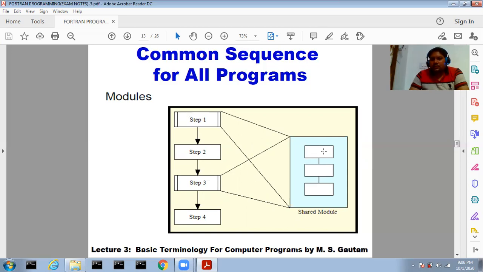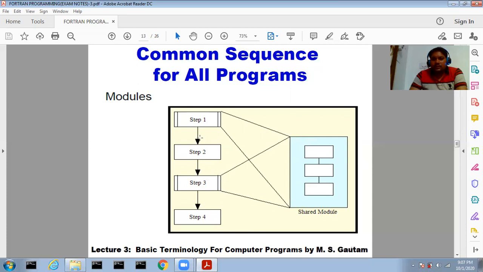The module is common for step 1 and step 3. When the program is at step 1, the calculation, operation, or results are used, and these results are calculated by this mini program or shared module.